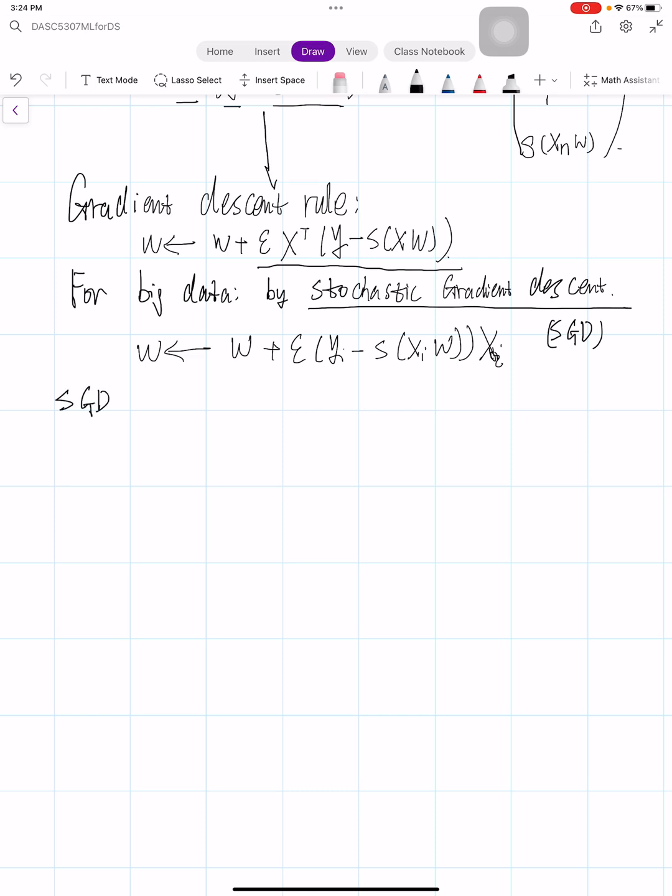SGD works best if we shuffle the points in random order and process them one by one.